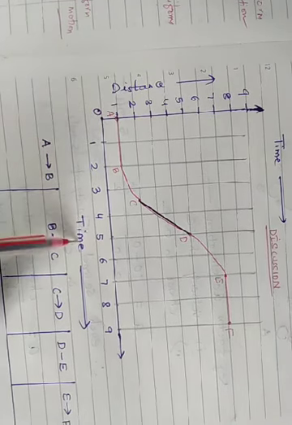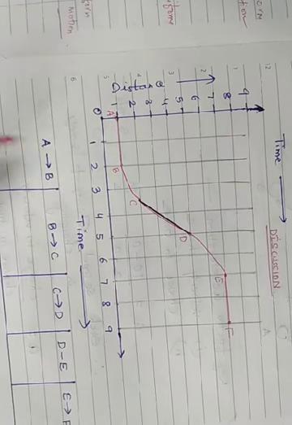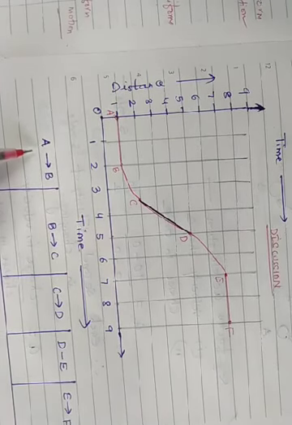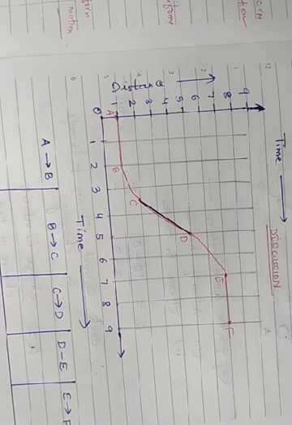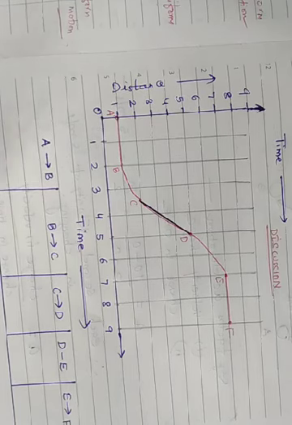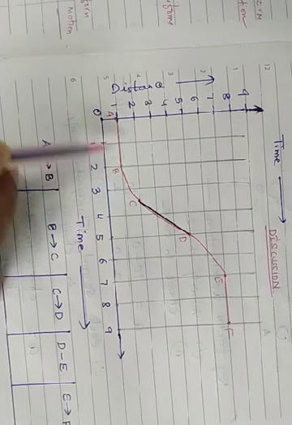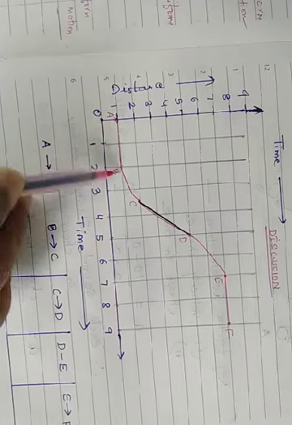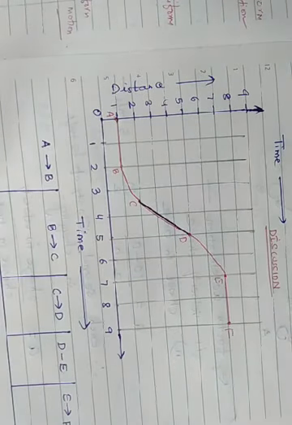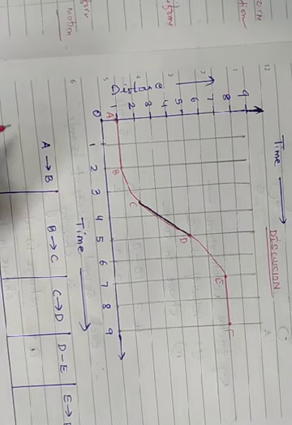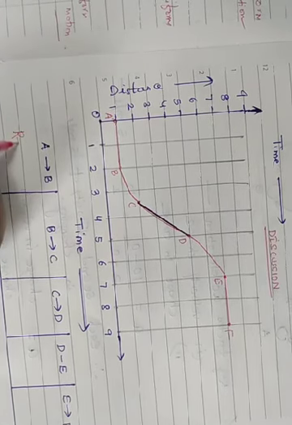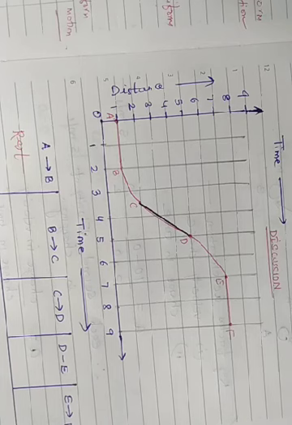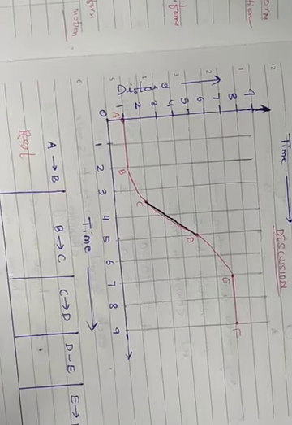This is a distance-time graph, a position-time graph, and we have been asked to determine the position of the body in each part. So from A to B, a straight line. Just now I told you that a straight line indicates that the body is at rest position. So from A to B, the body is at rest position.